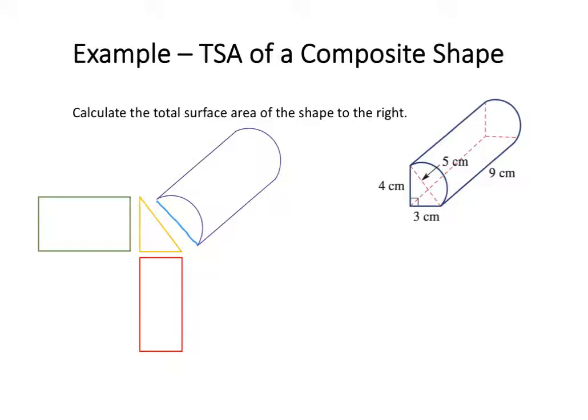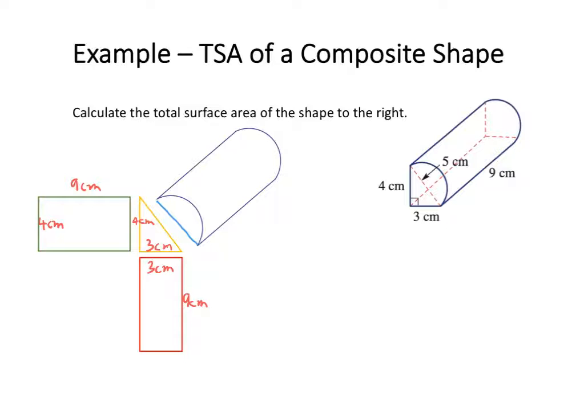Before we start those calculations, we'll go ahead and put on our measurements. Starting with the triangle, the base of the triangle is 3 centimeters and the height is 4 centimeters. Moving on to the rectangles, my first rectangle, the length is going to be 9 centimeters and the width is going to be 4 centimeters. My second rectangle, the length is going to be 9 centimeters again, and this time the width is going to be 3 centimeters.